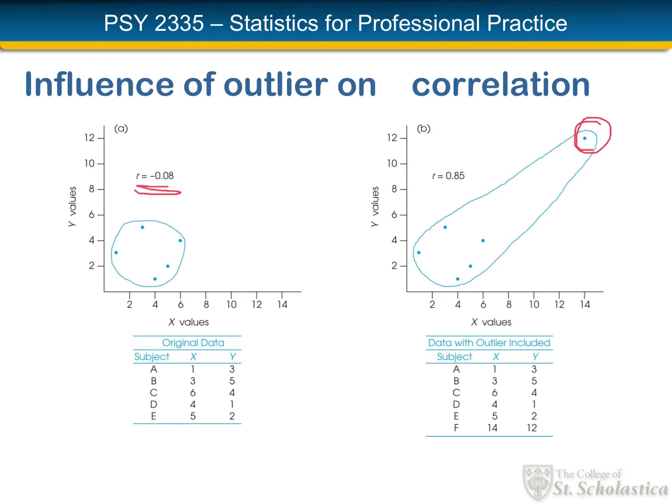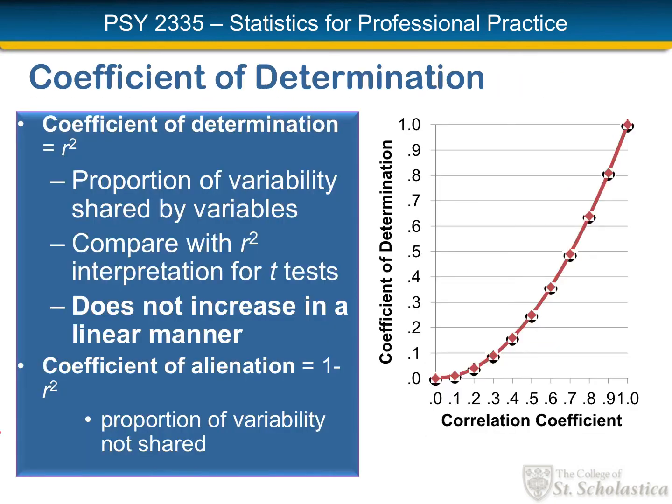And notice that the addition of that one point gave me an incredibly strong correlation of 0.85. So this is just one example of how an outlier can really shift the value of the correlation coefficient. In fact, that 0.85 correlation on the right is a poor representation of most of the data, which are lower on both the x and the y values.